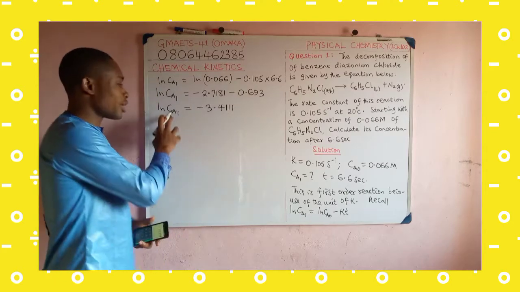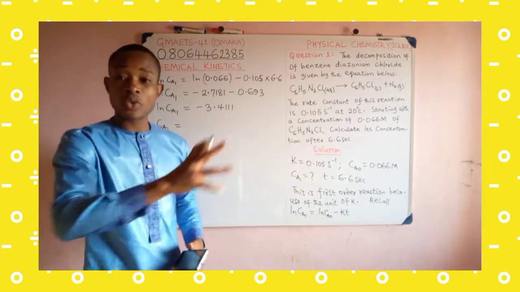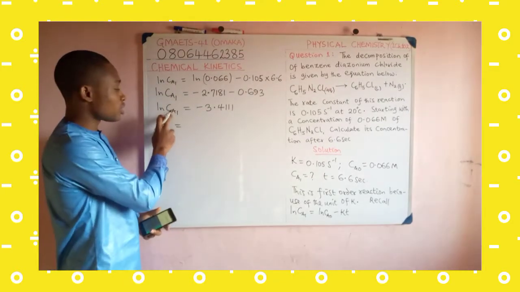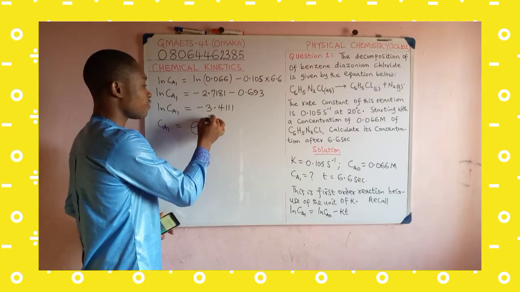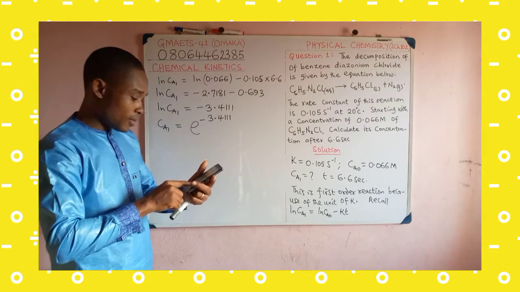To get the final concentration CA1, we are going to take the exponential of both sides of the equation. Because when we take the exponential, we remove this ln. We will be left with the final concentration we're calculating. So this is going to be exponential of negative 3.4111. So let's do this and see.